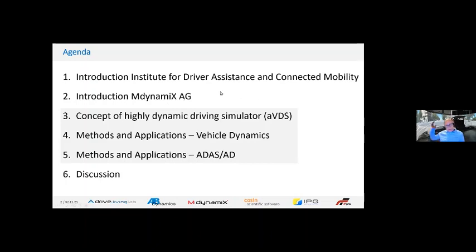I can also give a brief introduction of MdynamiX, but it's just brief, and the core of my presentation is to give you more insights about our highly dynamic driving simulator, and first of all the methods and applications we conduct on this driving simulator for vehicle dynamics and others, and then we can have discussion.